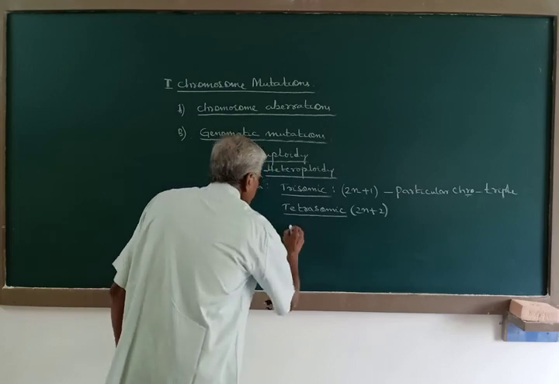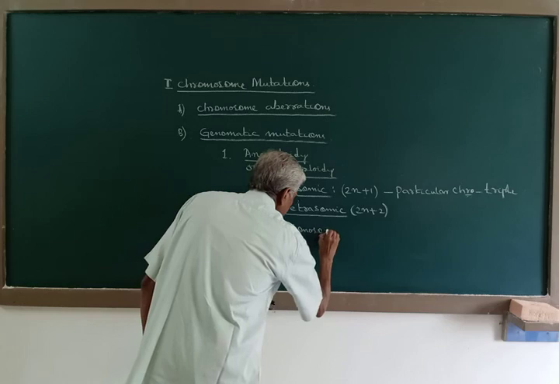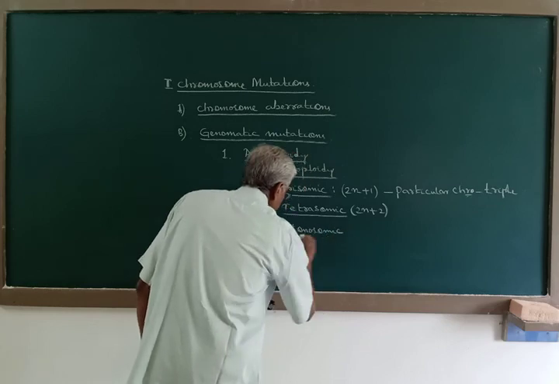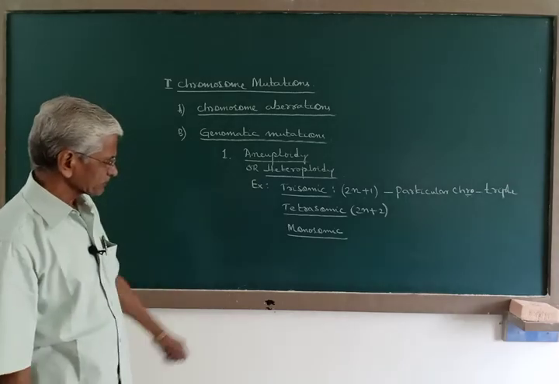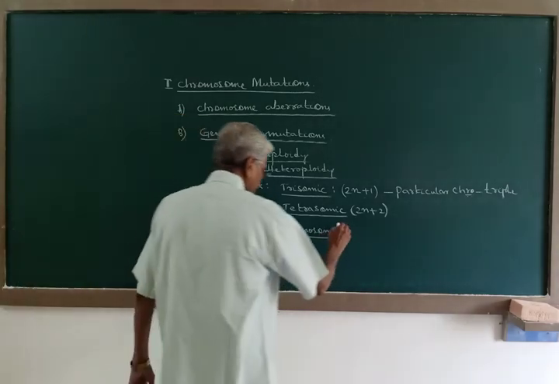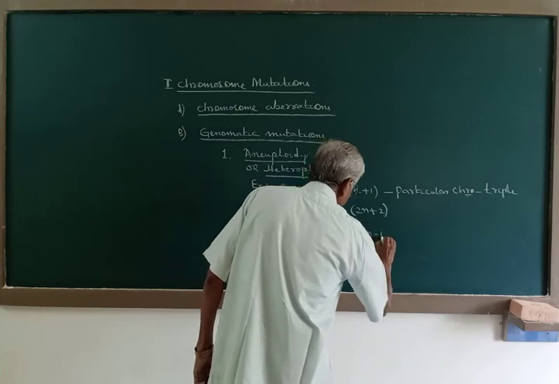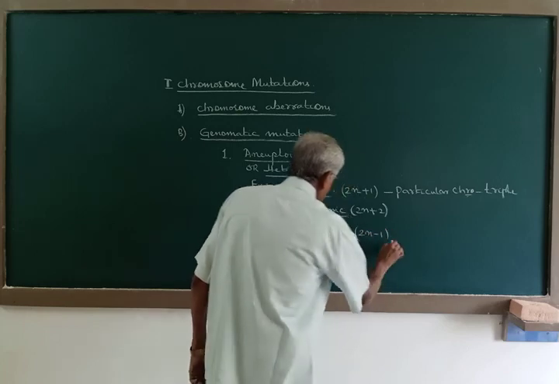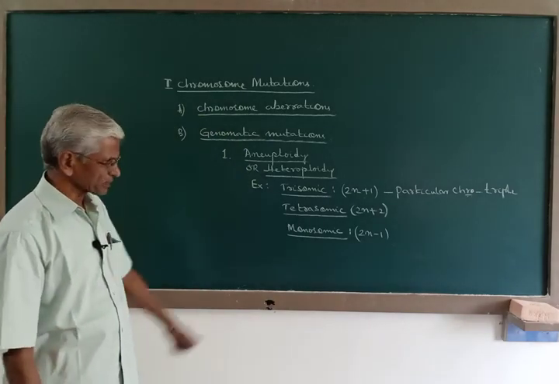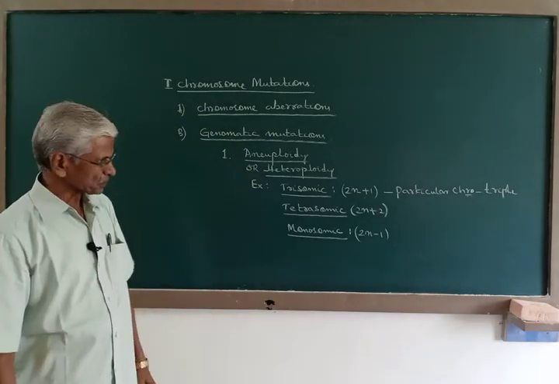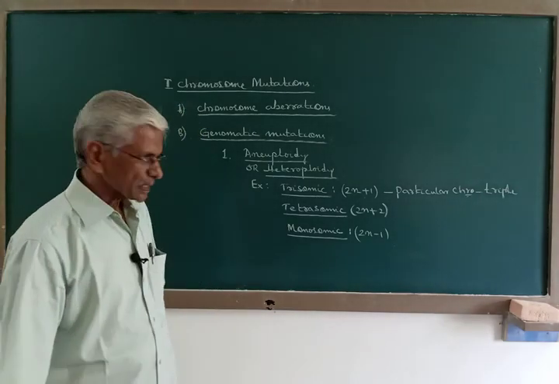Then monosomic. Now here, there is a loss of 1 chromosome from the diploid number. So that is 2n minus 1. So 1 chromosome from a pair has been lost.